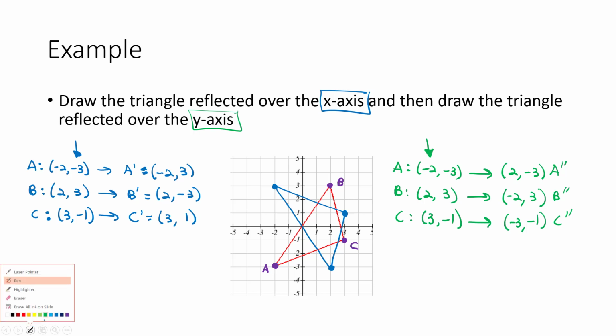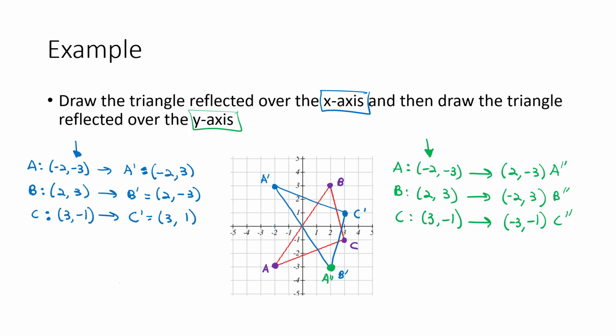And I should have labeled my first graph. My A prime was at -2, 3, B prime, and my C prime. So now it's going to start to get crowded, but hopefully the colors will help. A prime prime is at 2, -3. That's A prime prime.